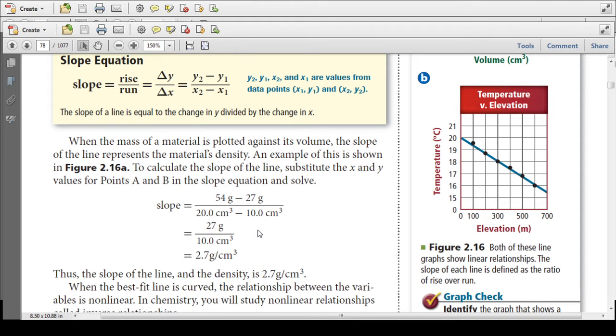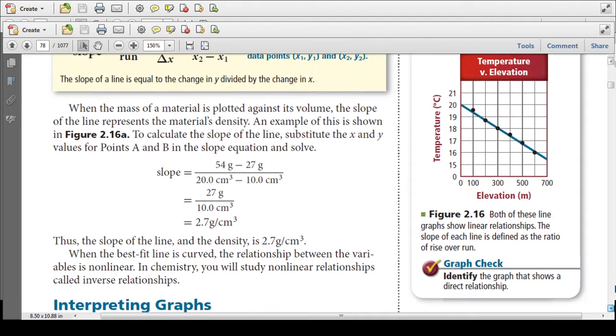We can use those numbers to calculate the density, right? Density is, for all intents and purposes, mass over volume, grams over centimeter cubed. And when we get our quotient here, it tells us that our density of aluminum would be 2.7 grams per centimeter cubed. Right? That slope of the line told us the density from experimental data.